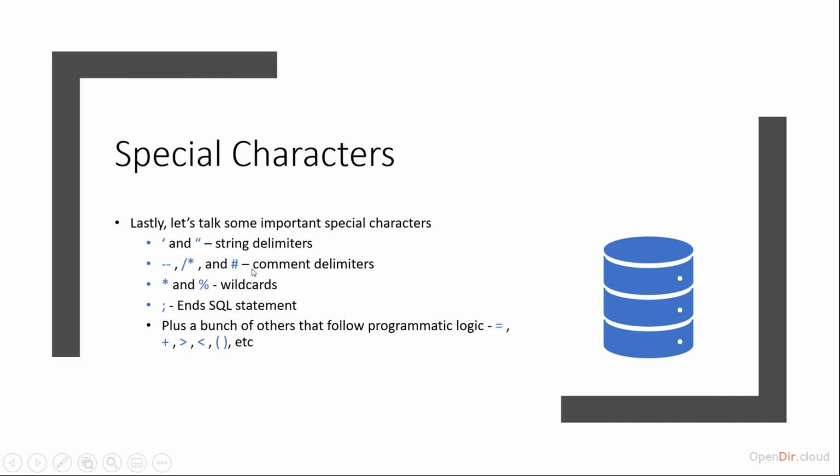So again, feels like coding, right? And this is just another type of language. So we have wildcards. You saw the asterisk. We also can use the % symbol for a wildcard. We have the end of a SQL statement, which is a semicolon, as you saw in the last slide. And then we have a bunch of programming logic. So we have equal signs, plus signs, greater than, less than, parentheses, and you can put things into programmatic logic.